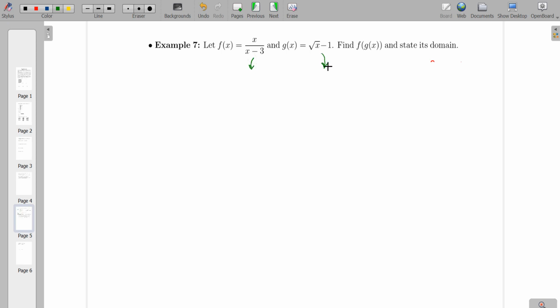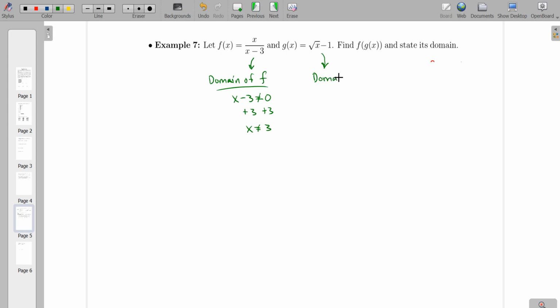But for the domain of f, we can see that it's important that x minus 3 not be equal to 0, right? Because we do not want to divide by 0. So add 3 to both sides, and we get x does not equal 3.